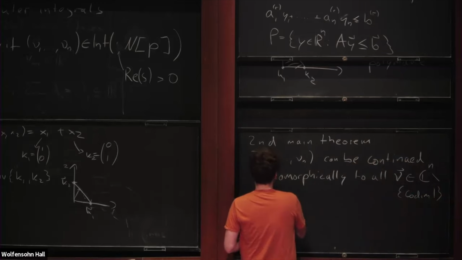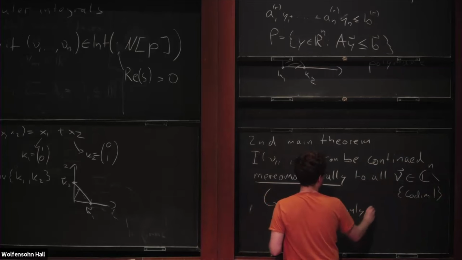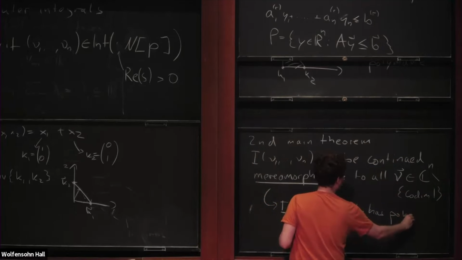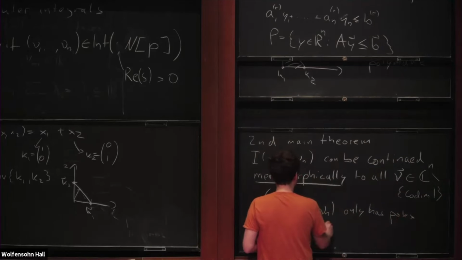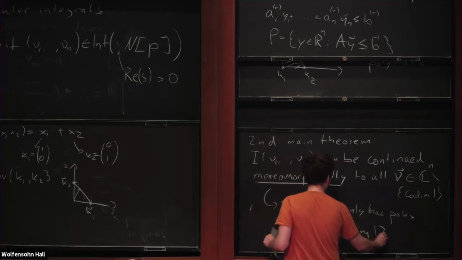So meromorphically means that this I nu 1 function only has poles at the singular codimension 1 set.